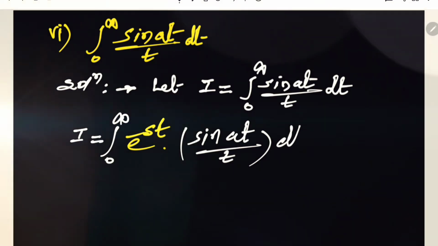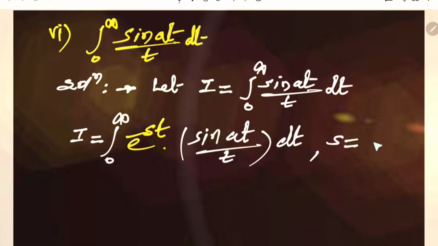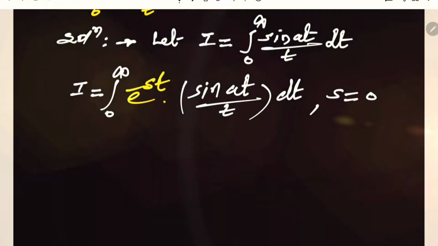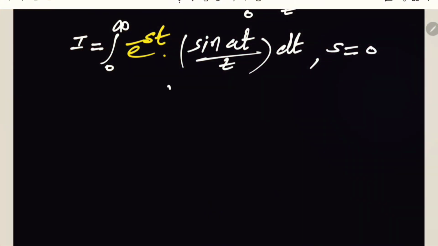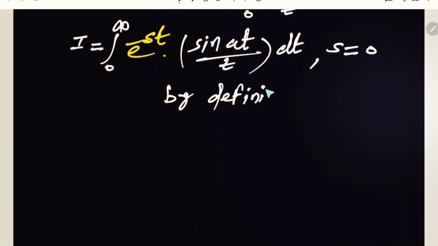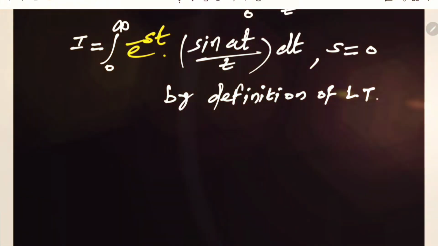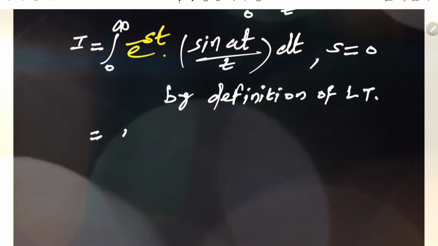E raised to 0 we get 1, means the original term we get. And then as per definition, it is nothing but the Laplace of that function. Therefore, the function is here sin at by t. Therefore, we have to obtain the Laplace of sin at by t.